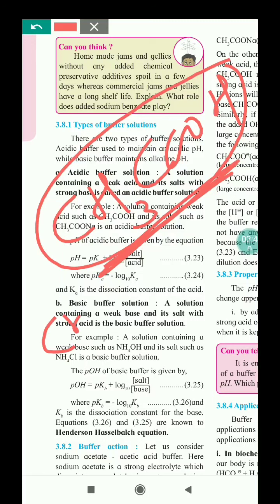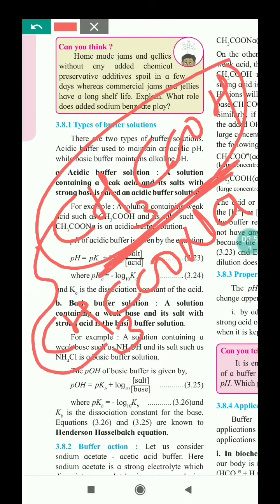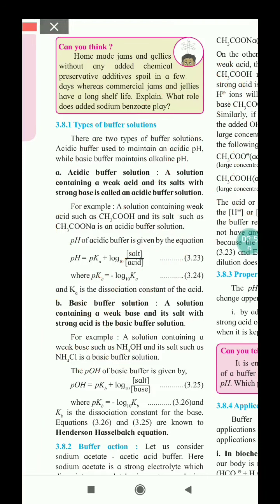So its salt with a strong base is sodium acetate or potassium acetate. The solution prepared from a weak acid and its salt of a strong base is called an acidic buffer. Its pH can be given by pKa.